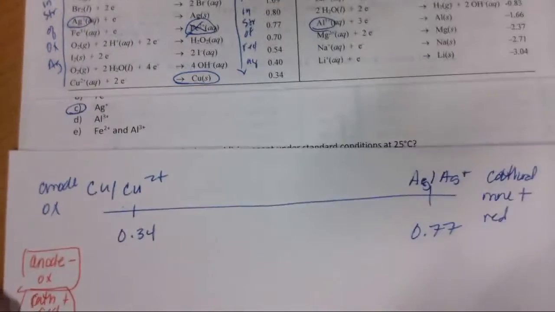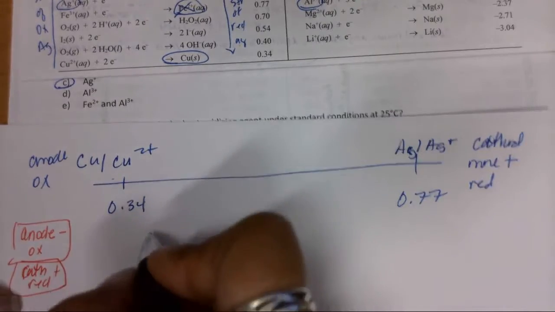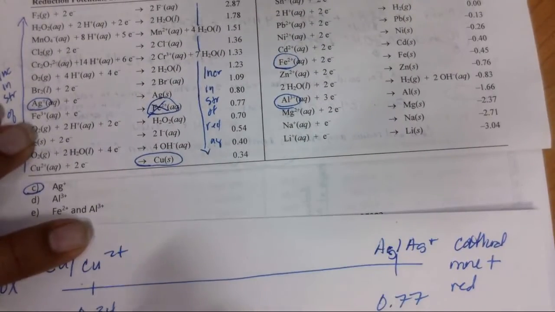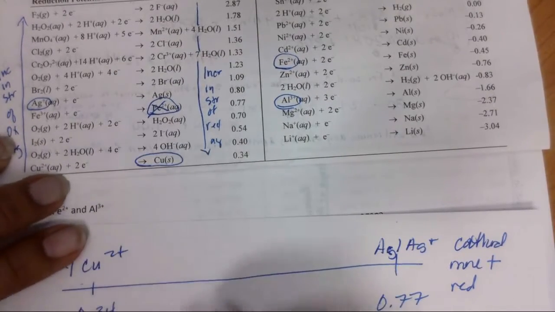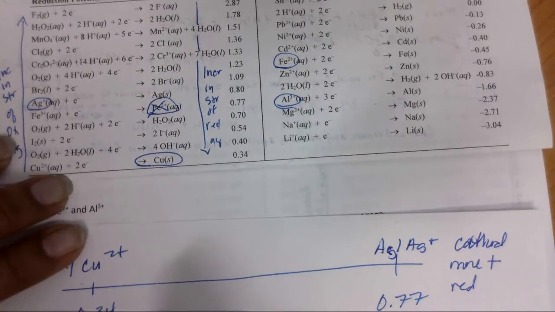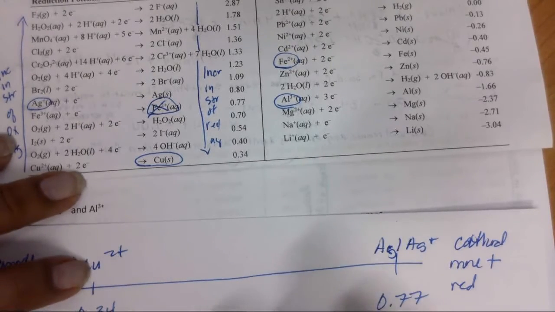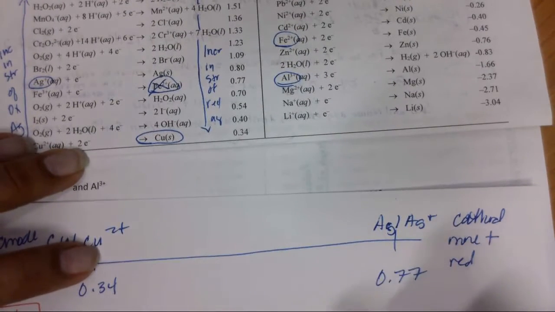Now, if I take the half reaction of this copper, I'm going to have copper going, because it was oxidized, to Cu2+ plus 2 electrons, and that one is 0.34 volts.